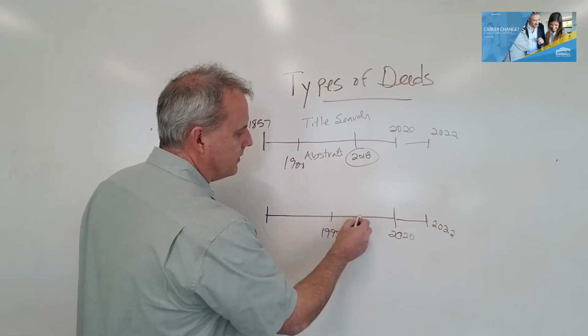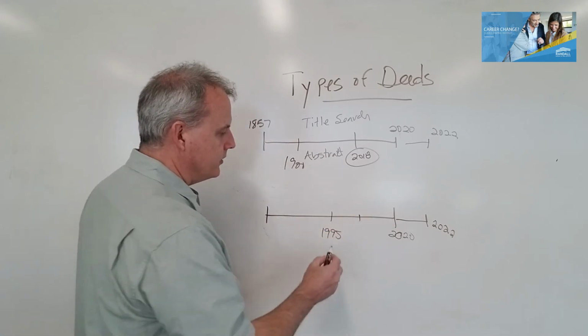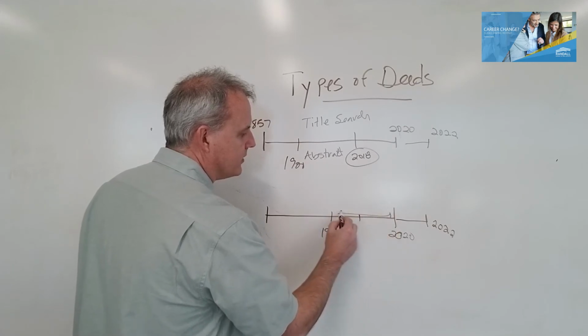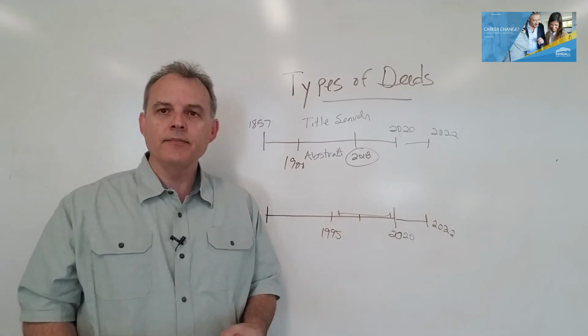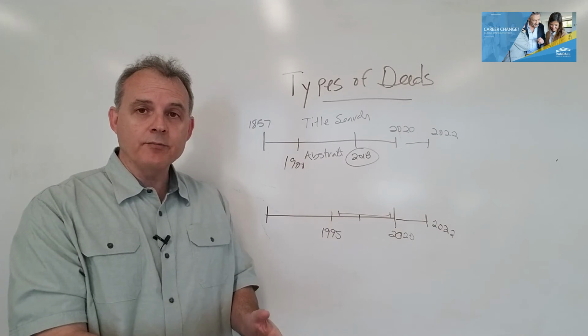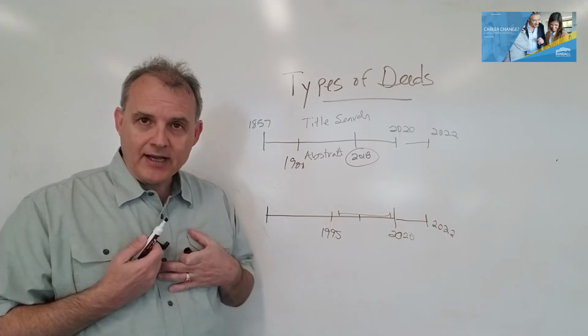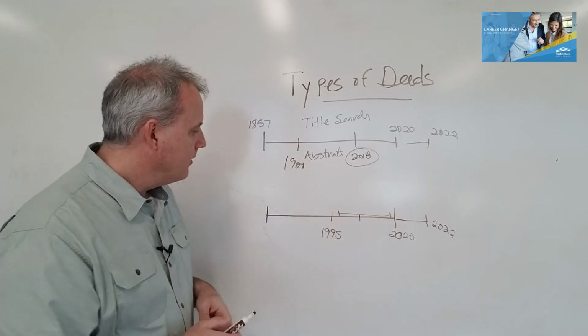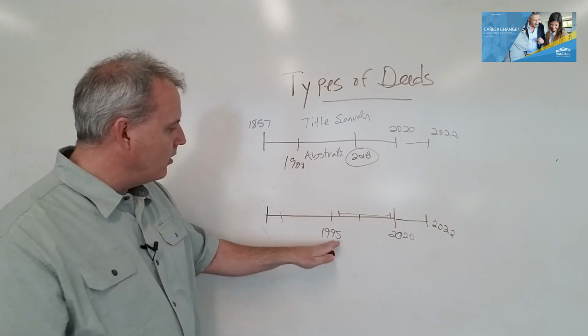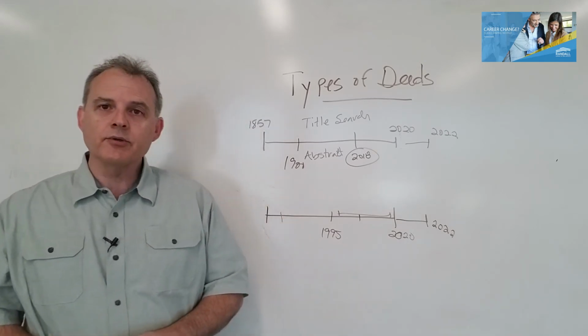Well, if the lien was filed during the previous owner's time of ownership, that owner is responsible to indemnify me or pay me back. Okay? But let's say it happened 20 years before the owner purchased the property.